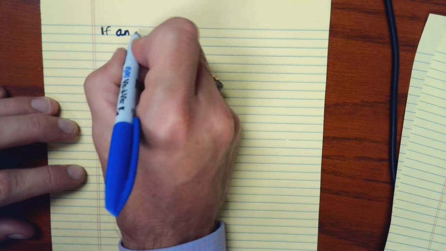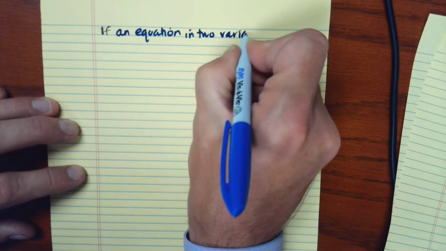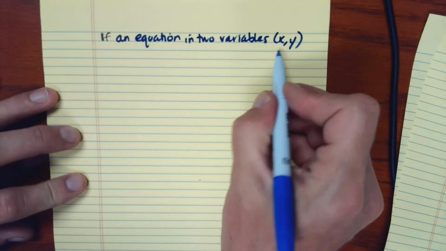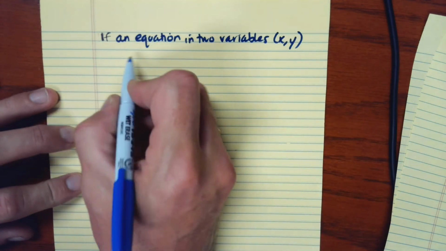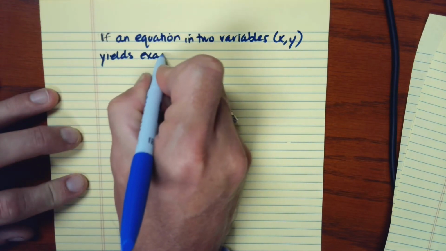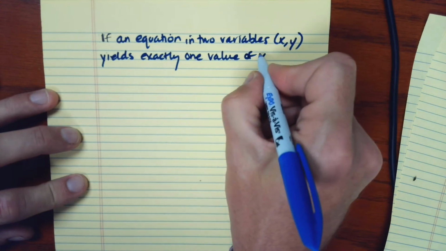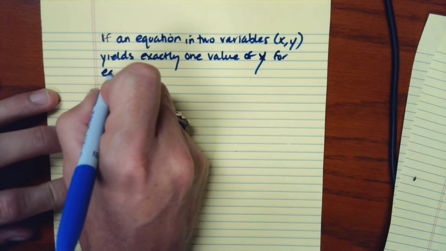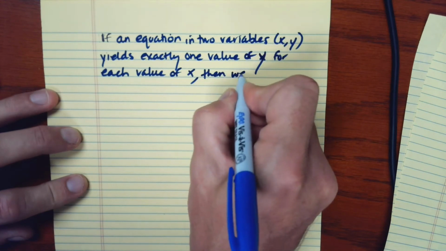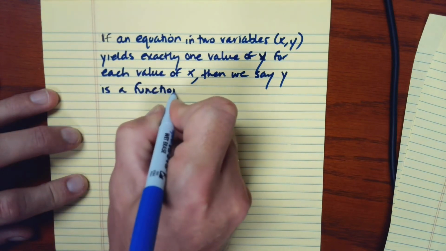If an equation in two variables, oftentimes we'll use x and y, though these are arbitrary, yields exactly one value of y for each value of x, then we can say y is a function of x.